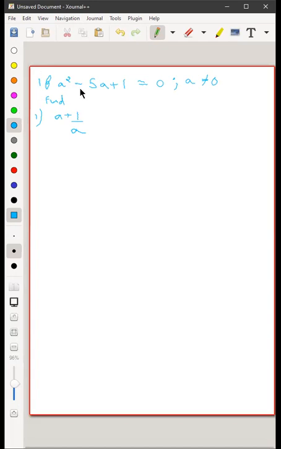If a squared minus 5a plus 1 is equal to 0, a is not equal to 0, firstly find a plus 1 upon a. 4 minutes to solve this.